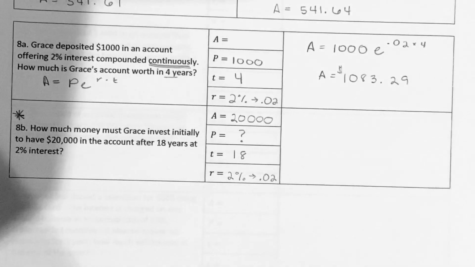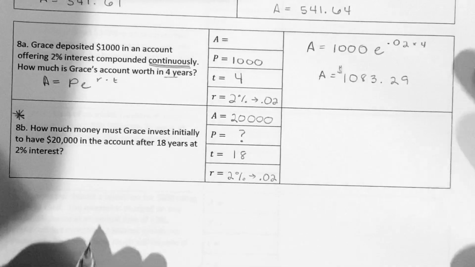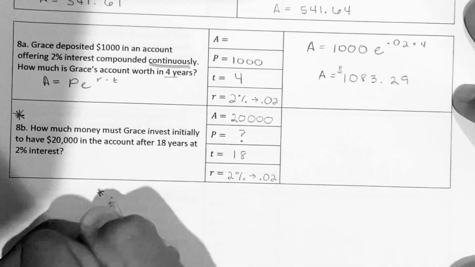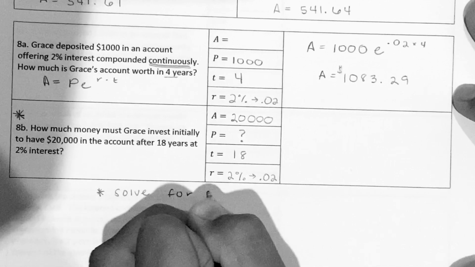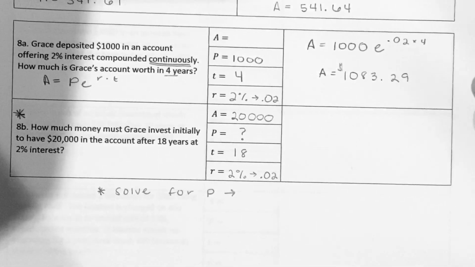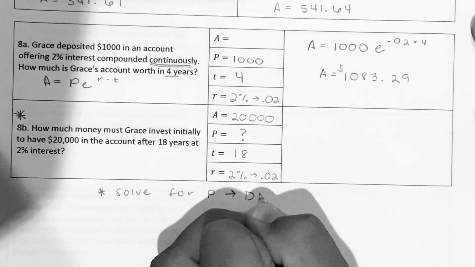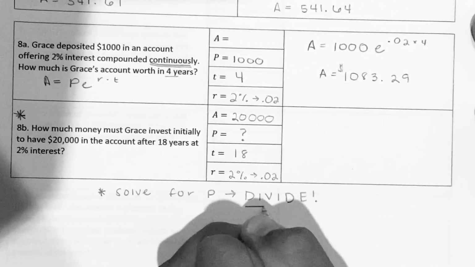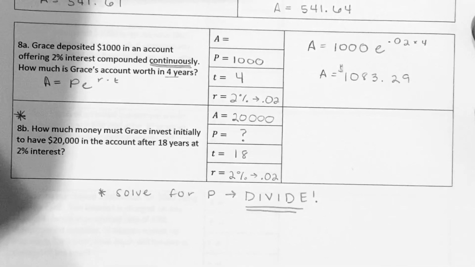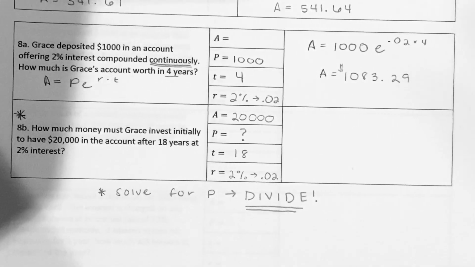So this time we're gonna be solving for P, and we saw one of these on the other page, but again, when you're solving for P, you have to divide. Hopefully you can see this. So when you solve for P, you're gonna have to divide.